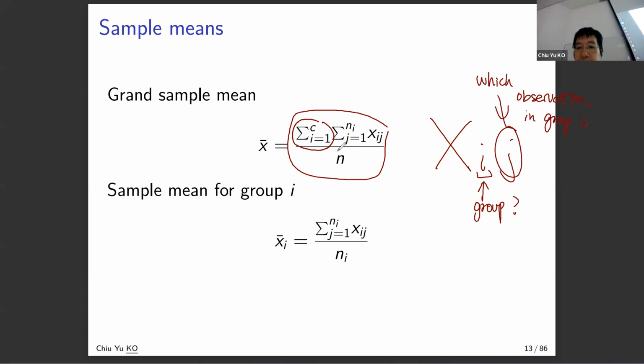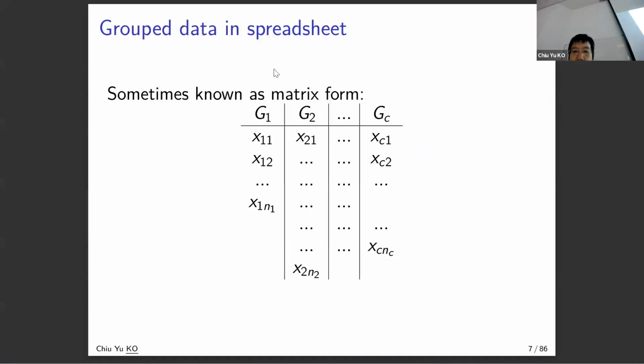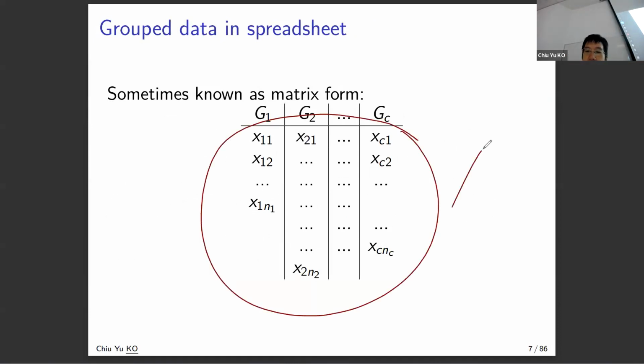So basically, you go over every group, and for each group you go from observation 1 to the last observation, n. It still doesn't look graphical, but basically what it means is you just add up everything and divide by n, where n is the total number of observations. So simply, it's the mean without the grouping.